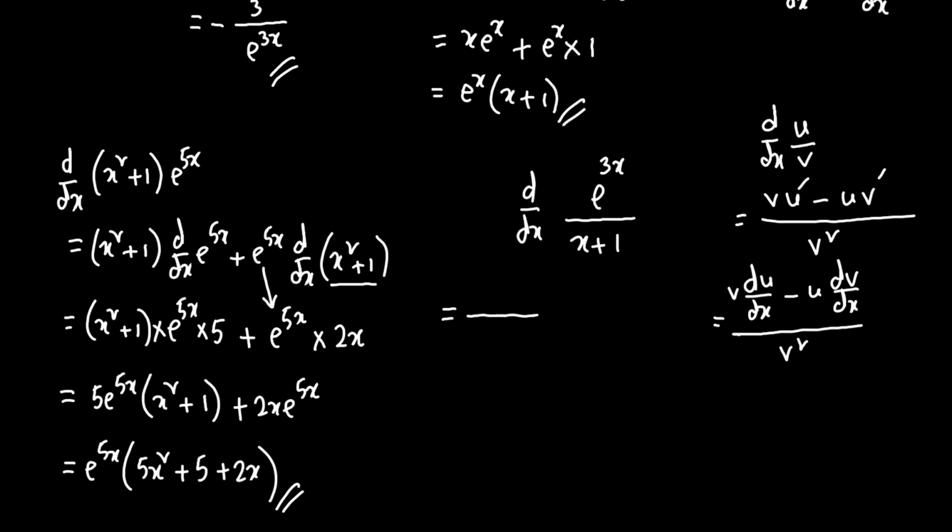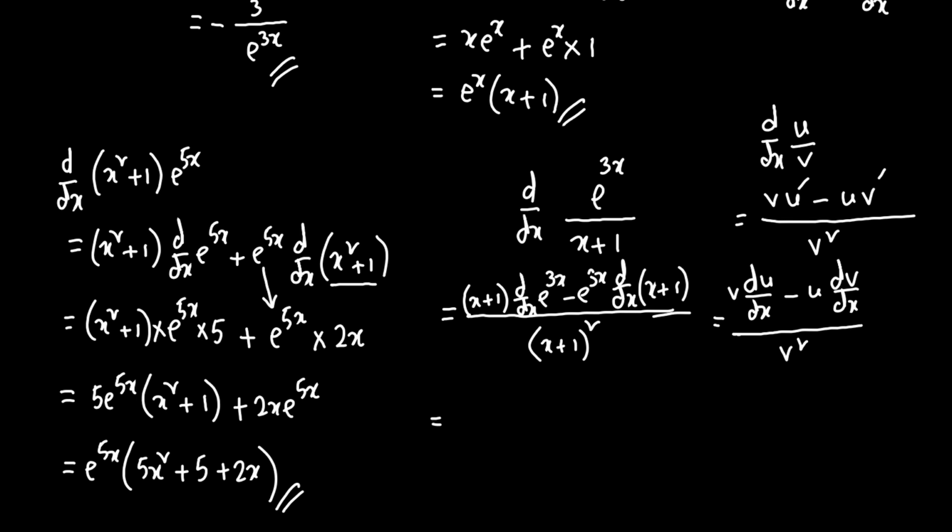Let me write the whole thing. V is x plus 1, so x plus 1 times d by dx of e to the power 3x, minus e to the power 3x times d by dx of x plus 1, and on the denominator we need to write x plus 1 whole square.